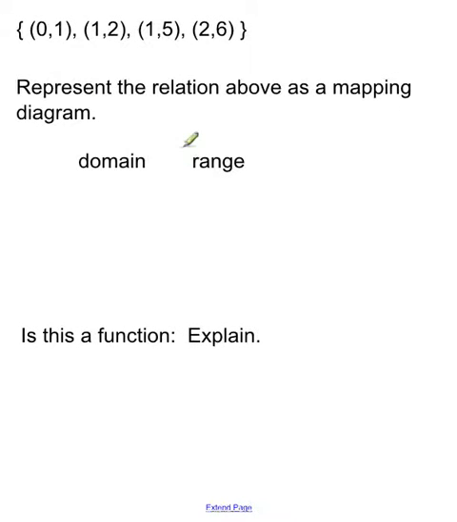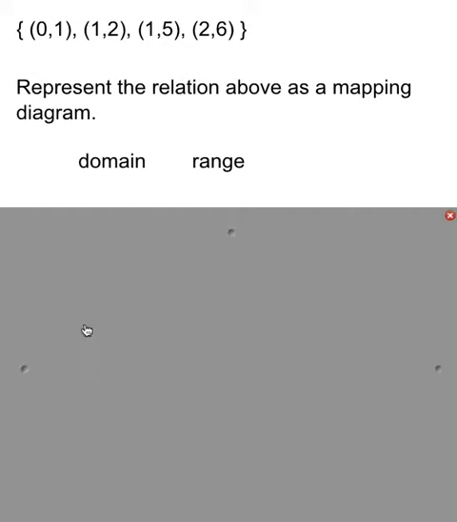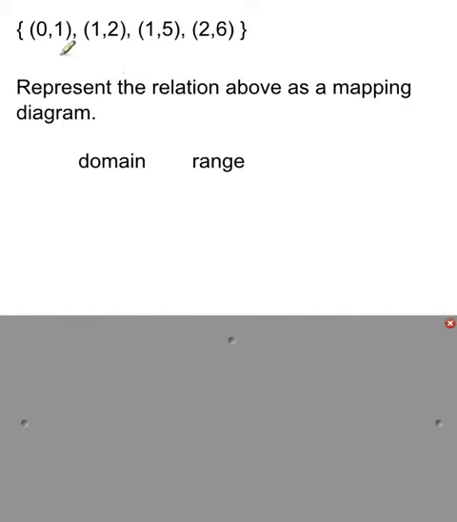Okay, here is my first relation. I have ordered pairs, so this is called a relation. It asks us to represent this relation above as a mapping diagram.